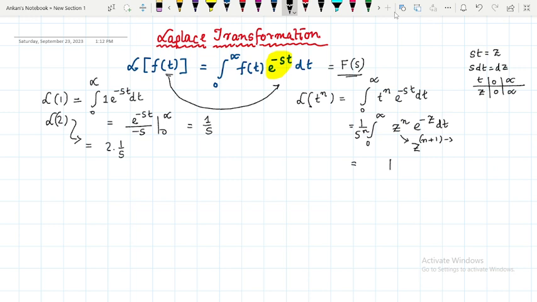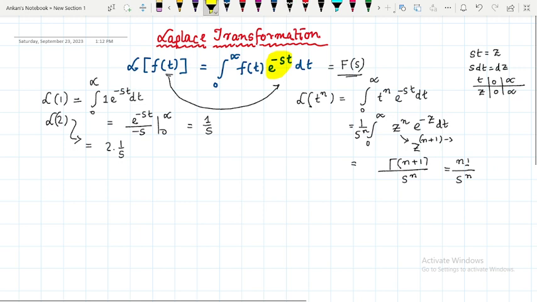So this is nothing but gamma of n plus 1 divided by s to the power n plus 1. In the factorial form you can also write n factorial divided by s to the power n plus 1. So this is the general formula for the Laplace transformation of t to the power n, that is either n factorial by s to the power n plus 1 or gamma n plus 1 by s to the power n plus 1.